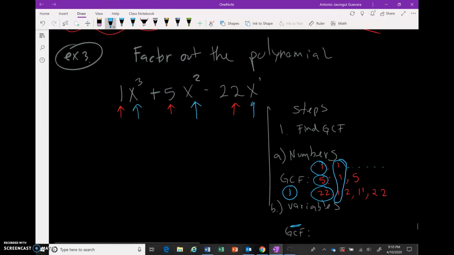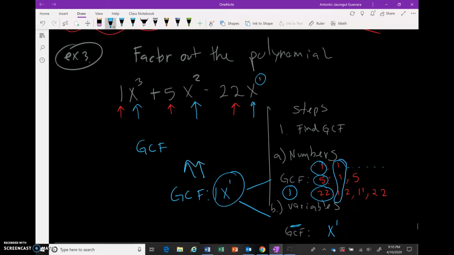You look at the variable that has the lowest exponent, and that's 1. So x to the power 1. So you put them together, right? And your greatest common factor for the whole entire thing is 1 to the power of 1 times x to the power of 1, which translates to the greatest common factor being literally just x, right? That's really what it is.